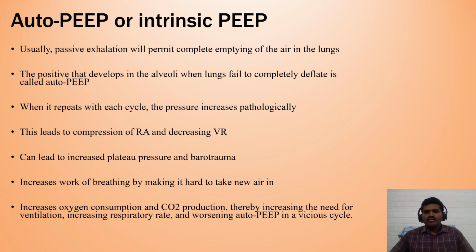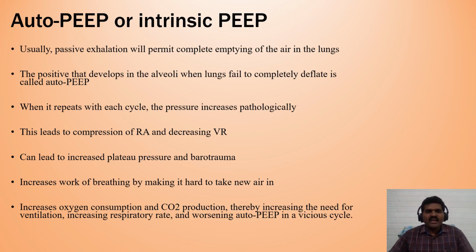So with each breath, the alveoli go on distending to reach the maximum level, and finally they completely fail to deflate. When the alveoli go on distending with each breath, some volume of air is left over in the alveoli. It creates a pressure on the system, that is auto-PEEP.